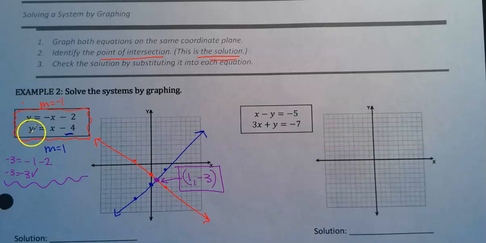For my other one, y equals x minus 4, so I'm going to have -3 equals 1 minus 4. 1 minus 4 is -3. It checks out. That's my solution. Got it. So my solution, you're going to write down there on that line, is 1, -3. That is your solution.